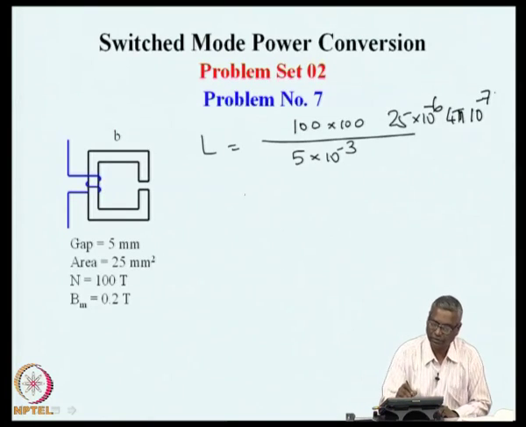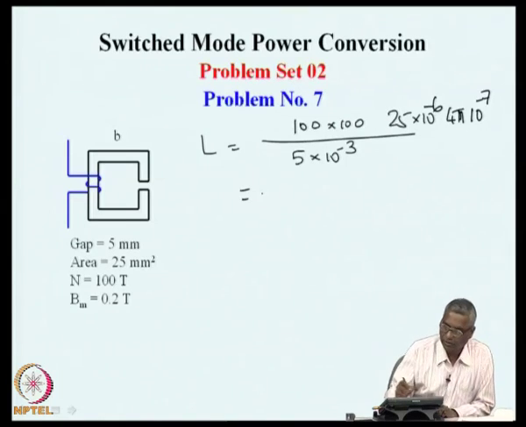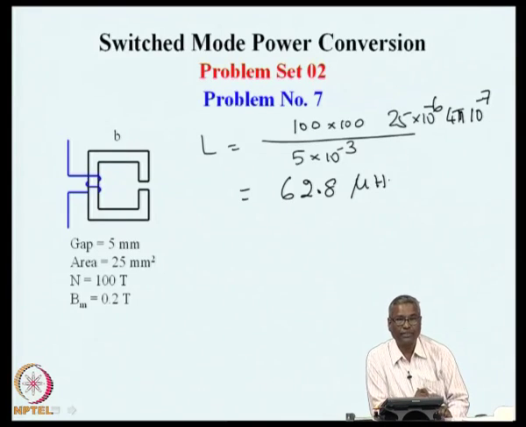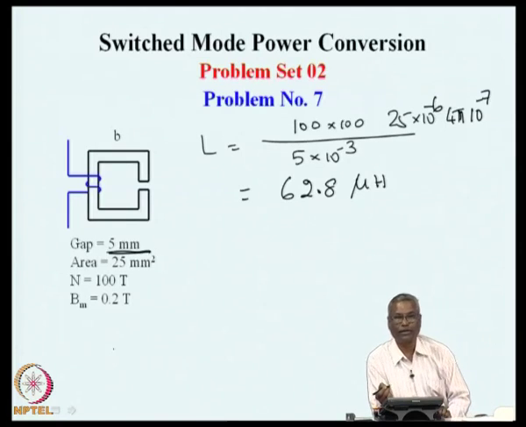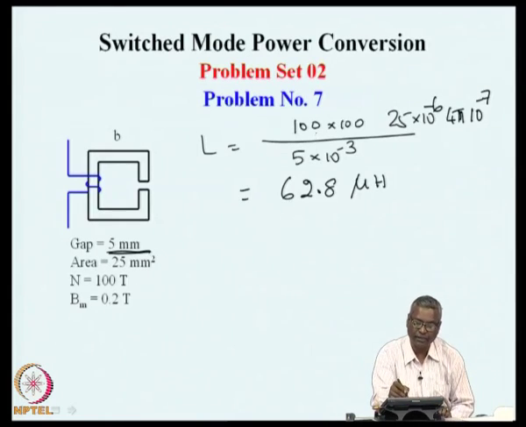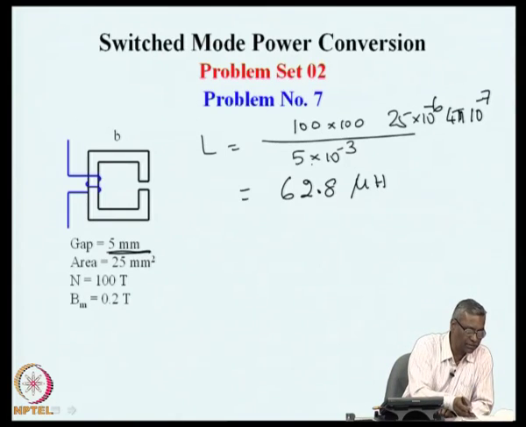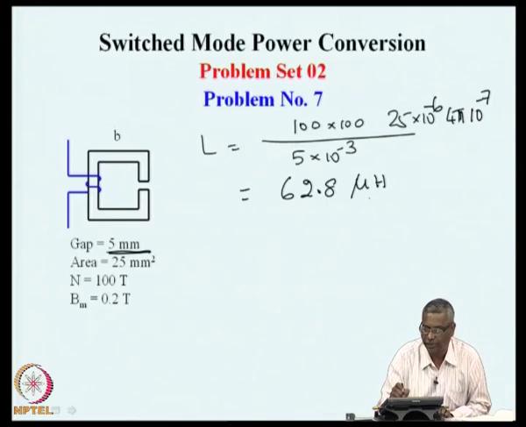This number works out to be 62.8 microhenry. Compared to the previous circuit, this circuit has a higher gap, and so higher reluctance. Number of turns are the same. The reluctance has increased by a factor of 5 and inductance has dropped by a factor of 5. The earlier number was 314 microhenry, and this is 5 times less, which is 62.8 microhenry.